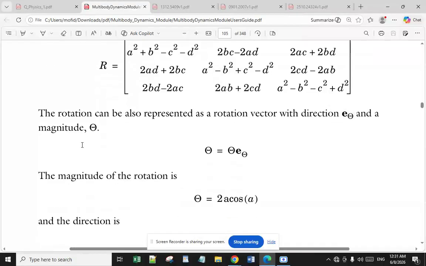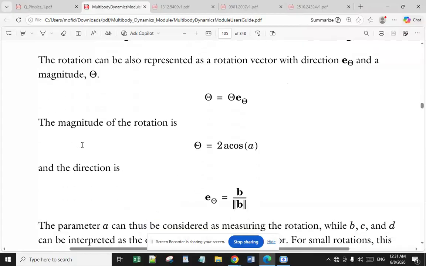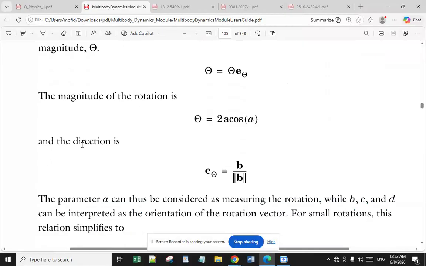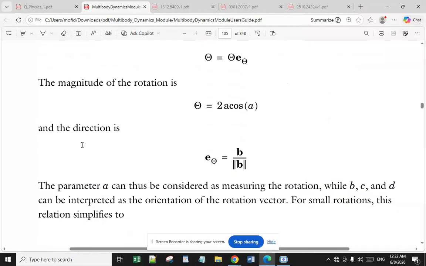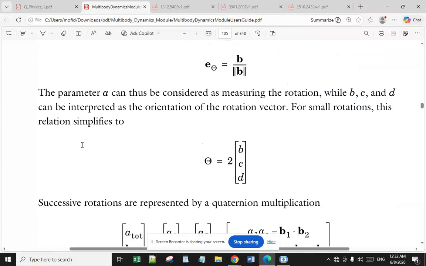The rotation can also be represented as a rotation vector with a direction e theta and a magnitude theta, so theta vector is equal to theta times e theta. The magnitude of the rotation is theta equal to 2 arccosine of a, and the direction is e theta equal to b vector divided by the absolute value of b. The parameter a can thus be considered as measuring the rotation, while b, c, and d can be interpreted as the orientation of the rotation vector.